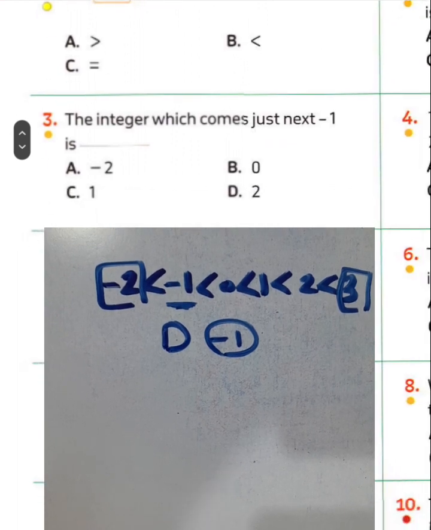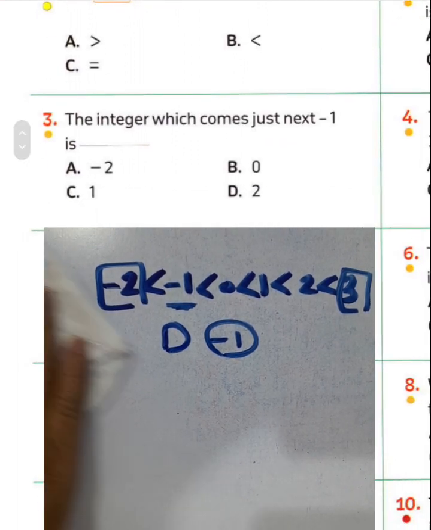Question number 3. The integer which comes just next to -1 will be 0.